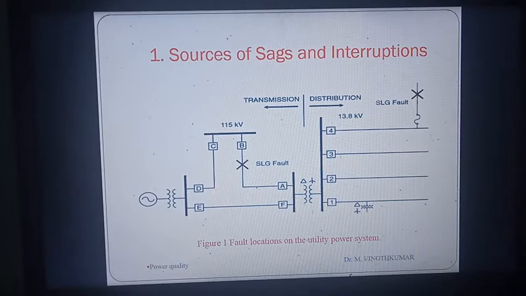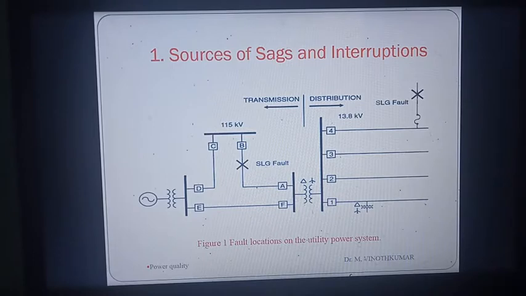If any one of the feeders, for example feeder 1, experiences a fault, the customer or the distribution system can experience the voltage sag, and also a parallel line, another feeder, can have faults. Meanwhile the voltage sag will be propagated.